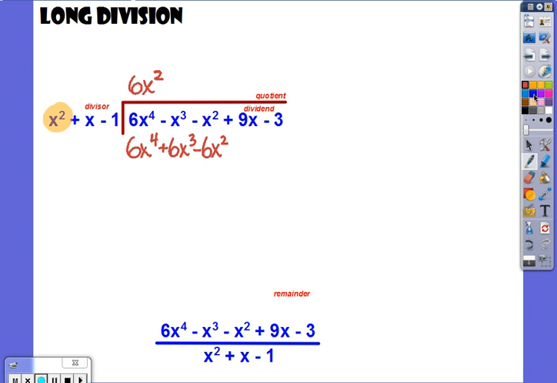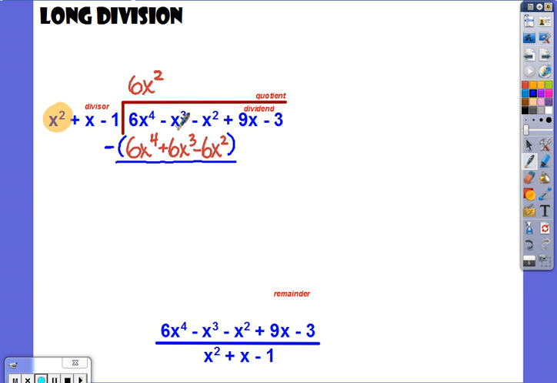And then every time we get to this step, we subtract, just like our old long division that we learned in elementary school. So we'll do 6x to the 4th minus 6x to the 4th, which is nothing by design. That's how we wanted it. Now this, you have to pay attention because we're subtracting each time. Some people like to distribute that so they don't get confused, but we're subtracting.